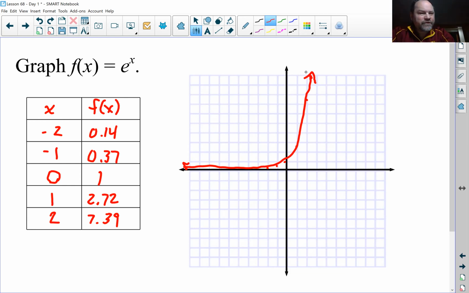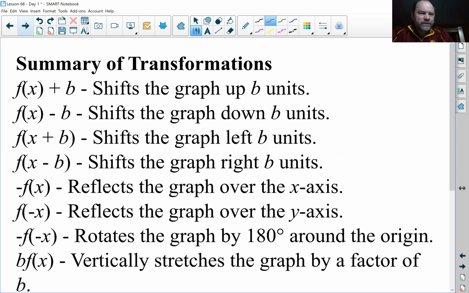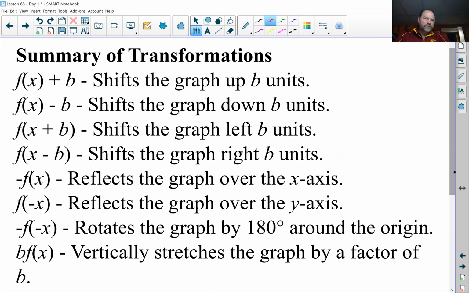Then the second part of your assignment are translations and transformations of that graph. So just to remind you, here are all the different transformations. If we take that base to a power and add something after it, that's going to shift us up.